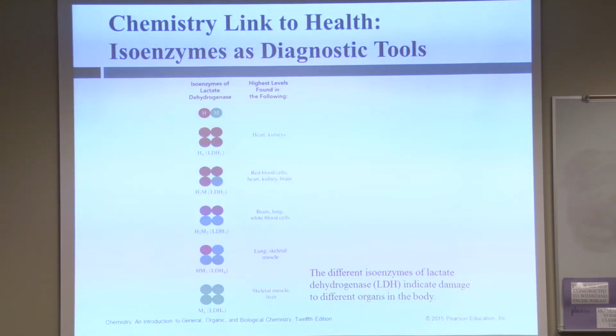The isoenzyme found in the heart and kidneys has 4 H components. The isoenzyme in red blood cells, heart, kidney, brain has 3 H and 1 M. So the different subunits present of the same enzyme in 5 different locations doing the same catalytic conversion of lactate to pyruvate.